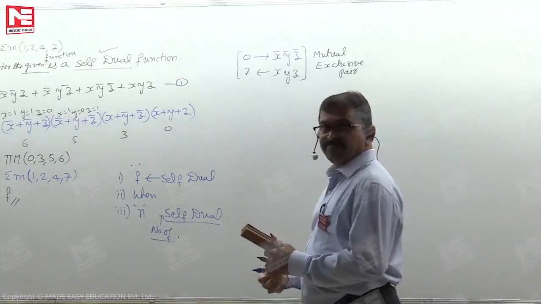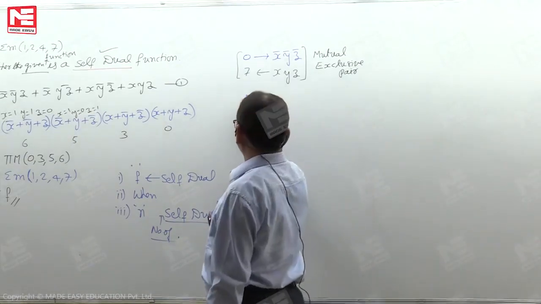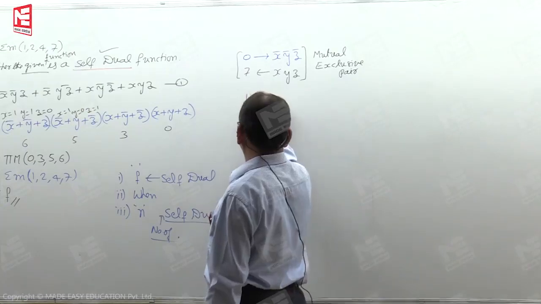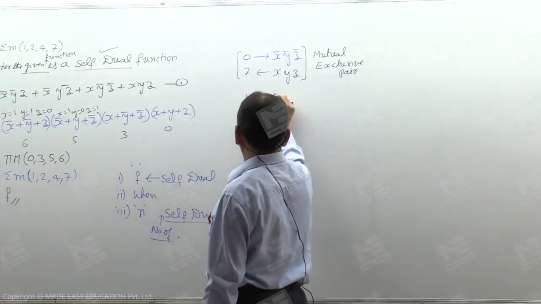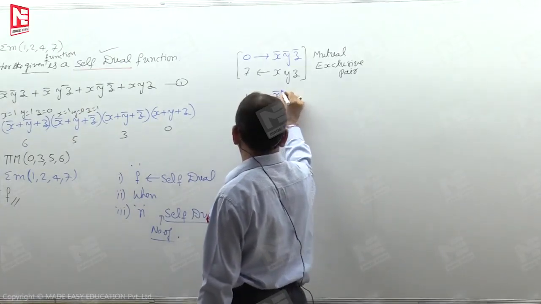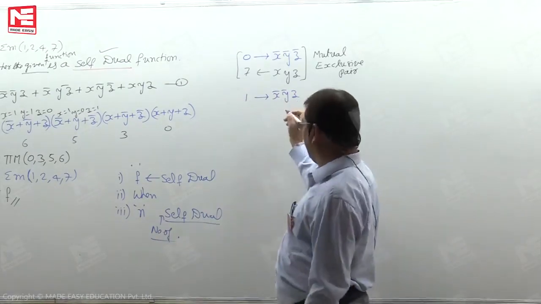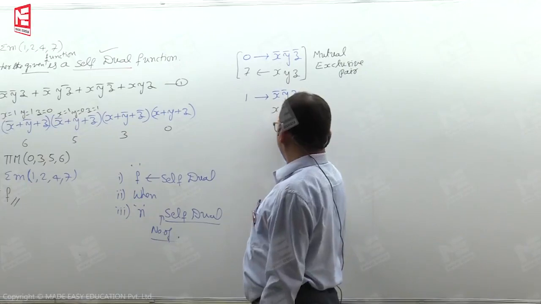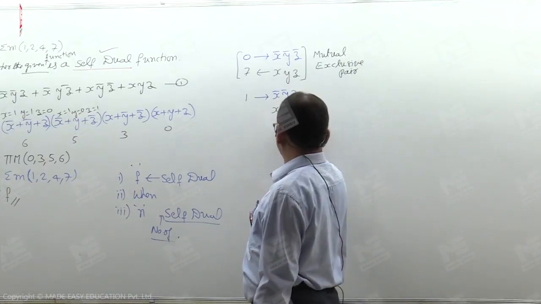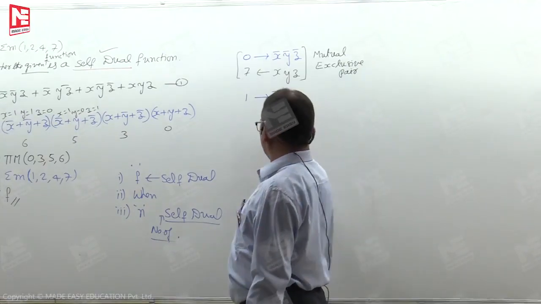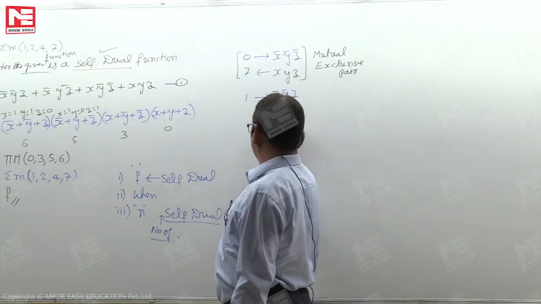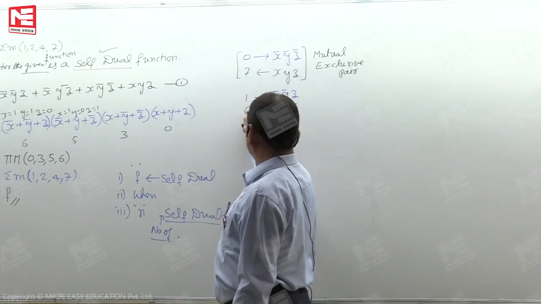Similarly, the product form for minterm 1 will be x complement, y complement, z. While taking the complement on each literal, it must be x, y, z complement. So the equivalent decimal value for this product term is 6.